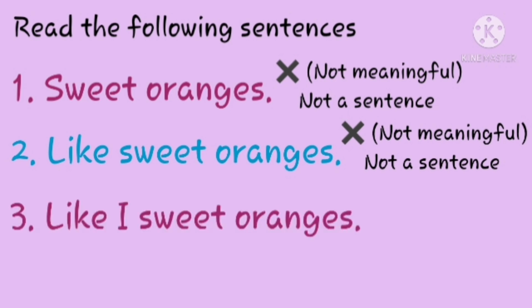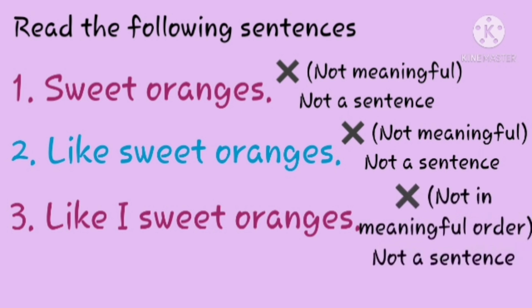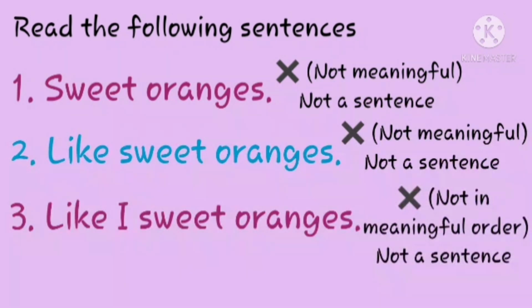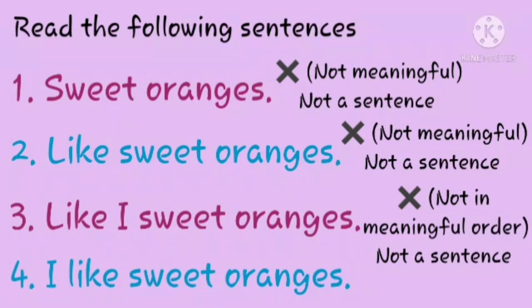Third, like I sweet oranges. Again, the order is not meaningful. So it is not a sentence. Fourth, I like sweet oranges. Yes, मुझे मीठे संतरे पसंद हैं. This makes complete sense and is in a meaningful order. So, this is a sentence.